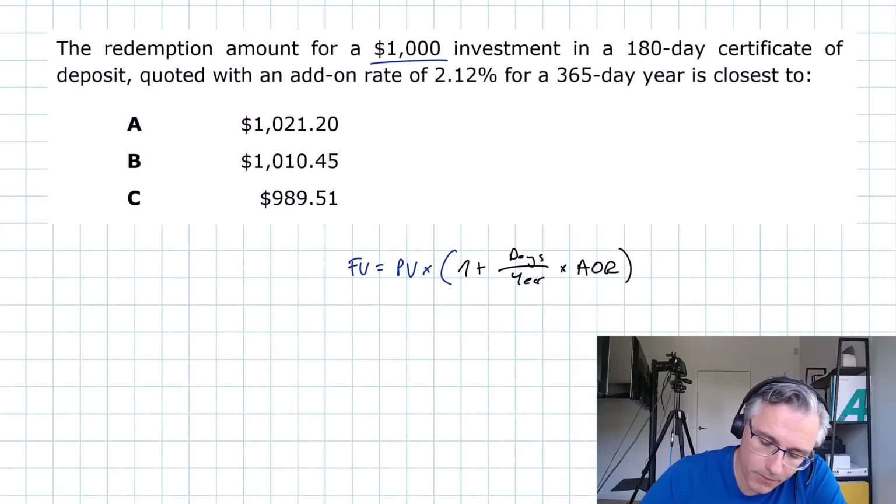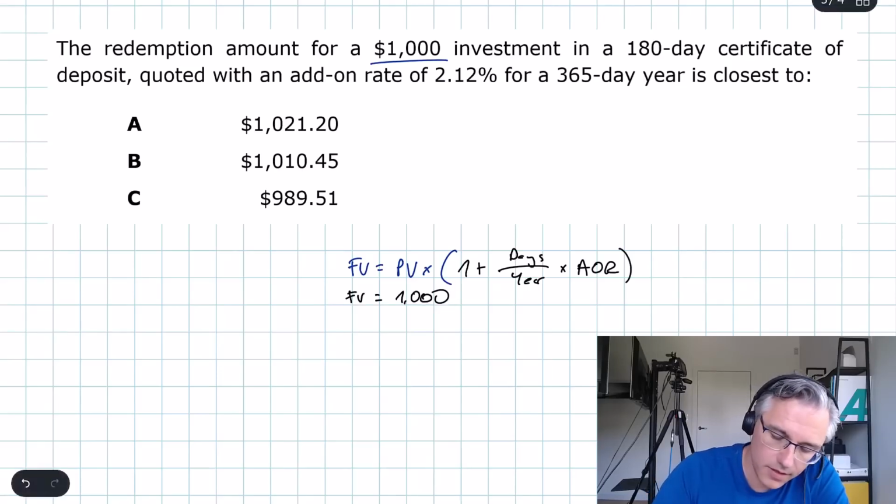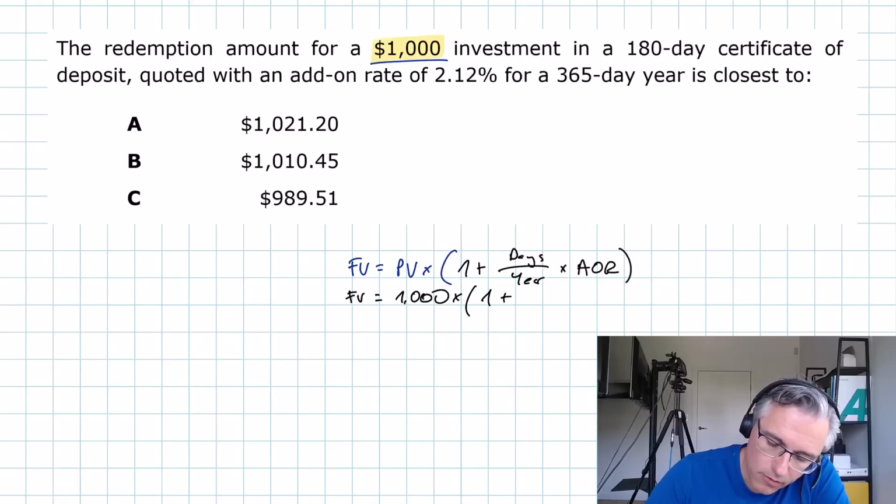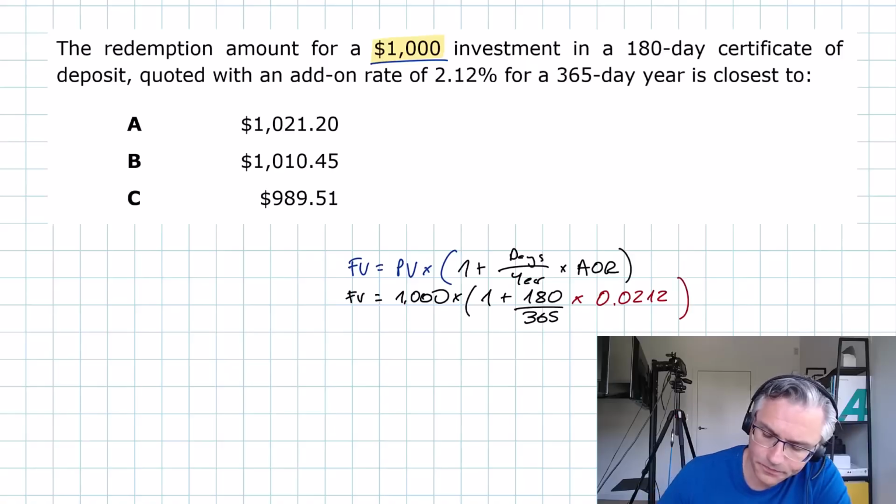For PV, it's a 1,000 investment, so that's the amount put in. Then in the bracket we're going to have 1 plus 180 divided by 365 times an add-on rate of 2.12%, so that's 0.0212. Okay, good.